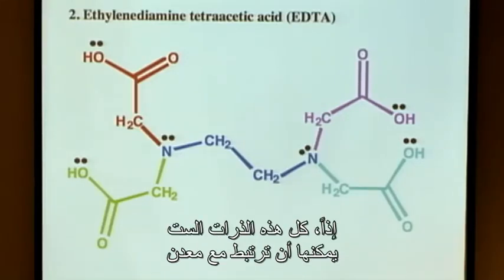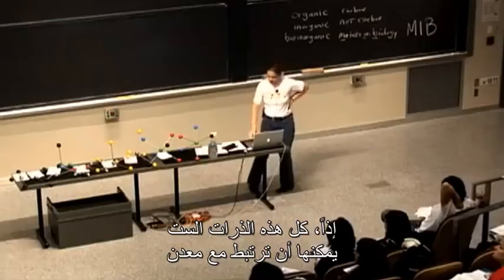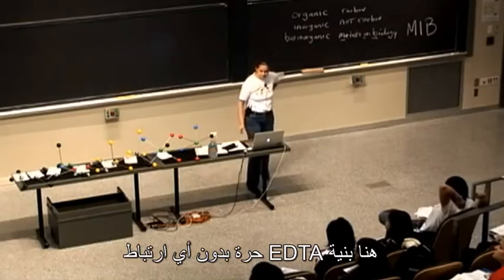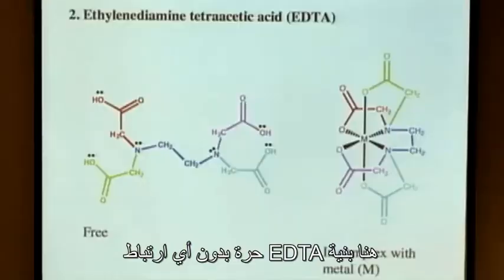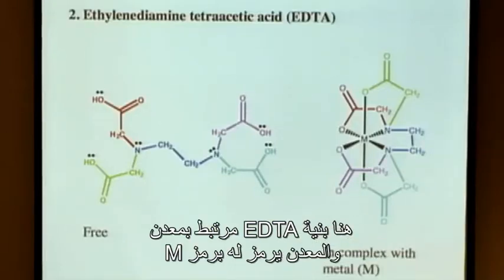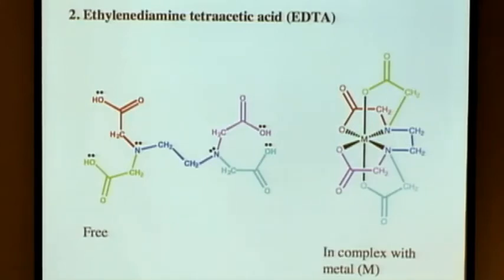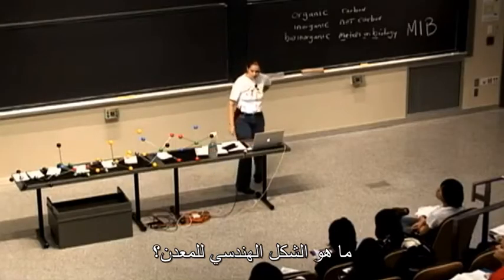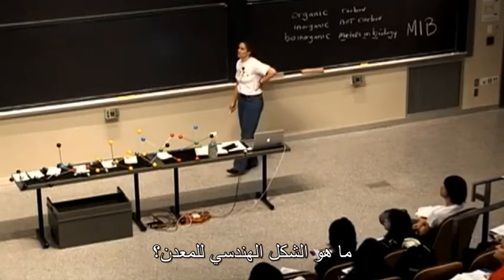All of those 6 points can coordinate to a metal. So here again is the free EDTA, and here is a structure of EDTA bound to a metal. The metal is abbreviated M. So why don't you tell me what the geometry is of that metal?